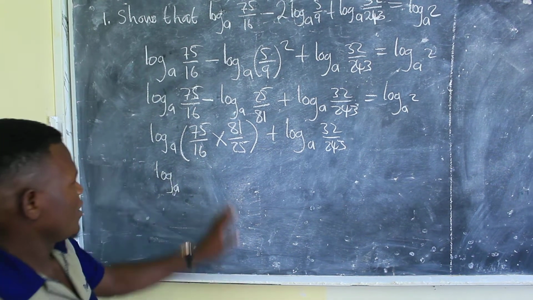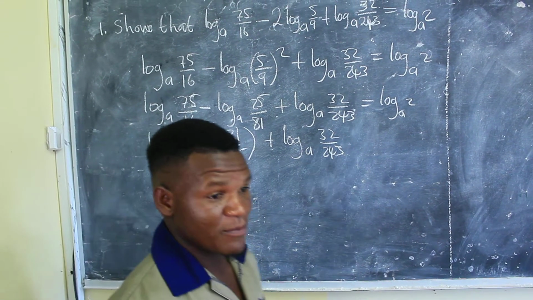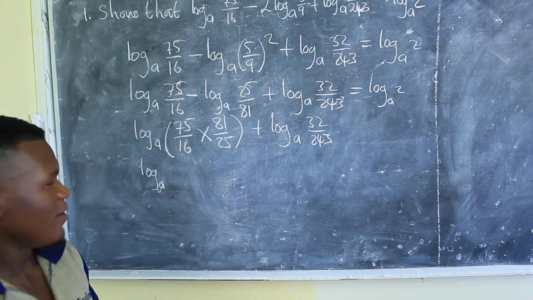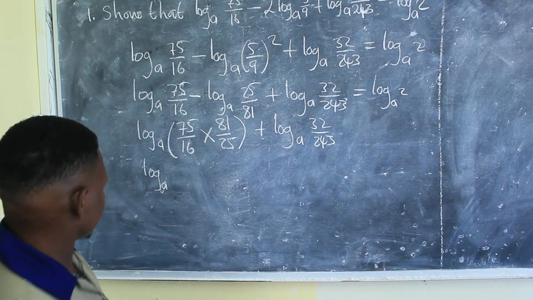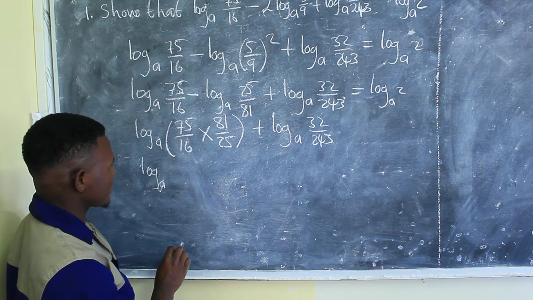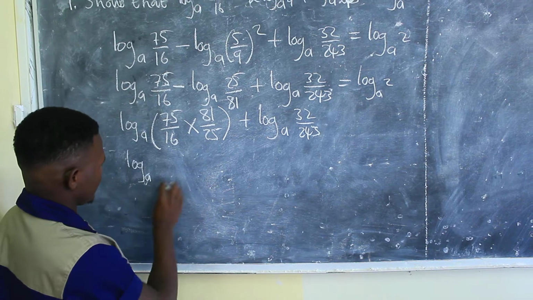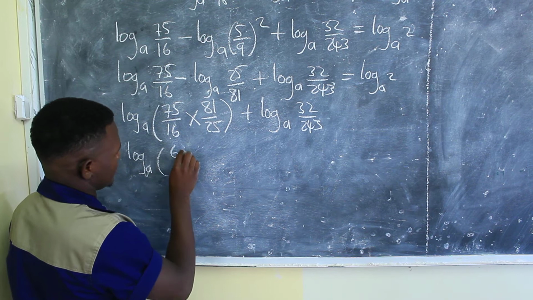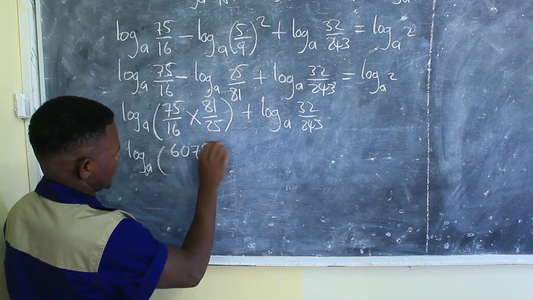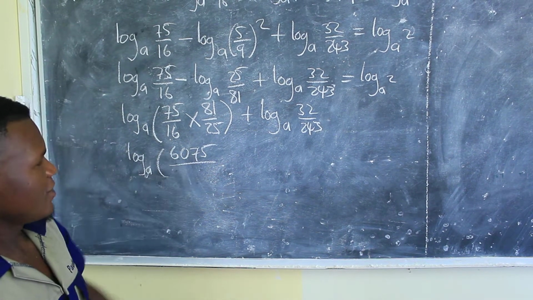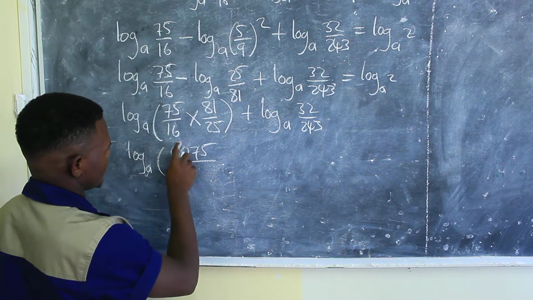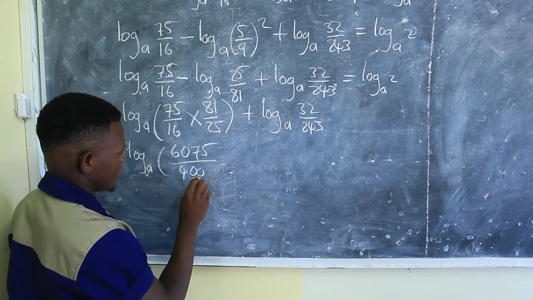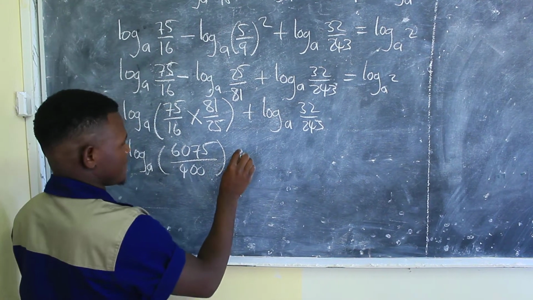I solve this problem first. Log base A. Multiplying fractions, we multiply straight. What is the answer when you multiply 75 by 81? 6,075. 6,075 out of 400.